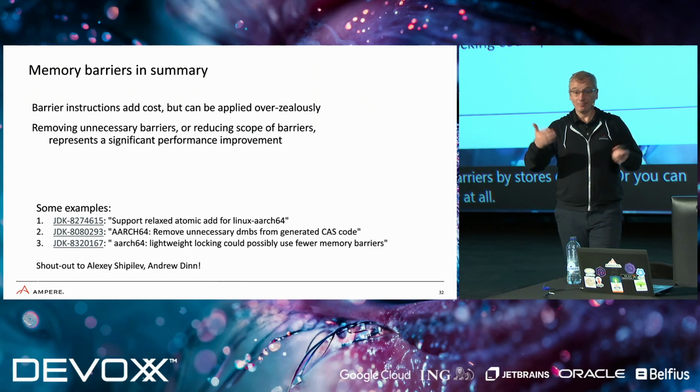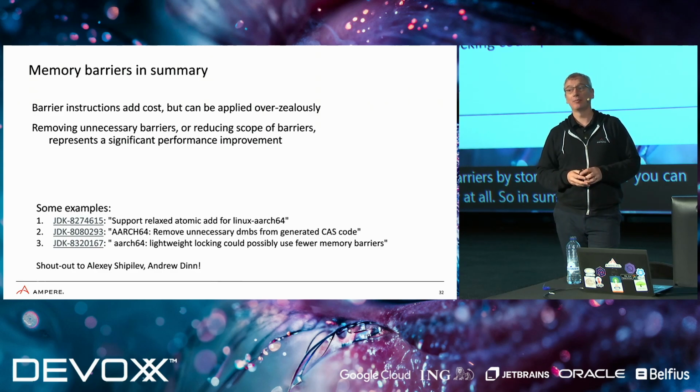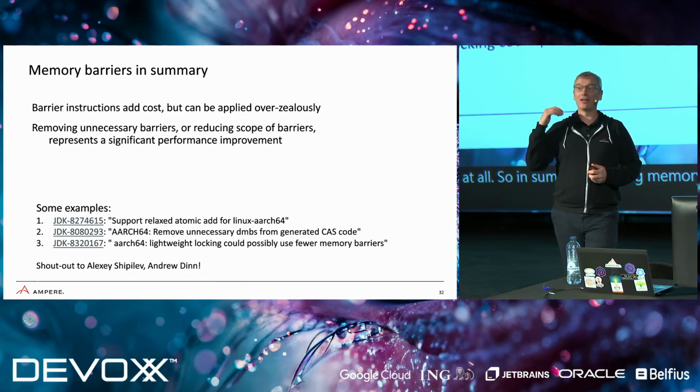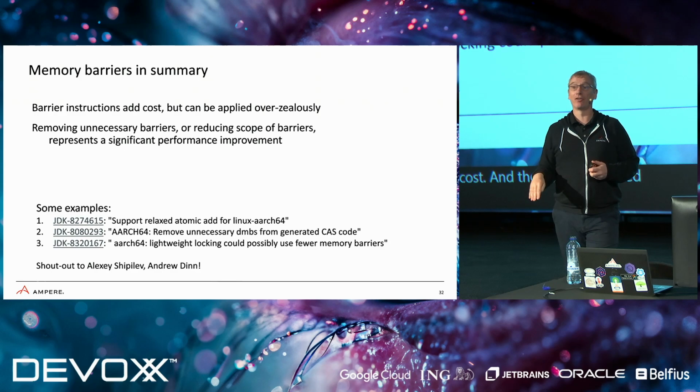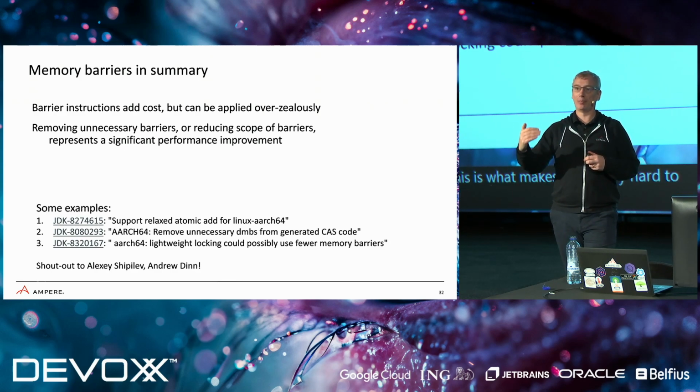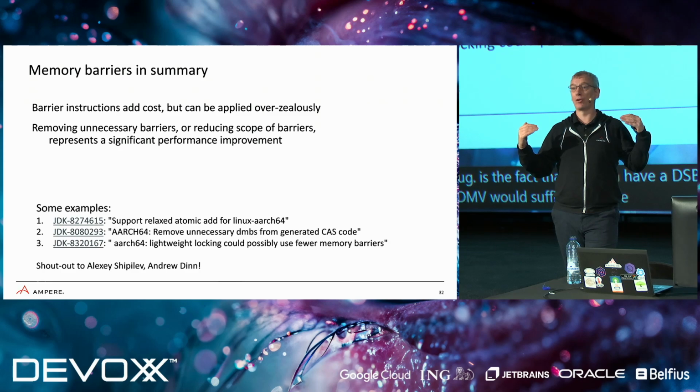So in summary, adding memory barriers can add cost, and they can be applied overzealously. This is what makes them very hard to debug, is the fact that you can have a DSB in a place where a DMB would suffice, and the only effect of that is that your code runs slower. There's no functional effect at all.